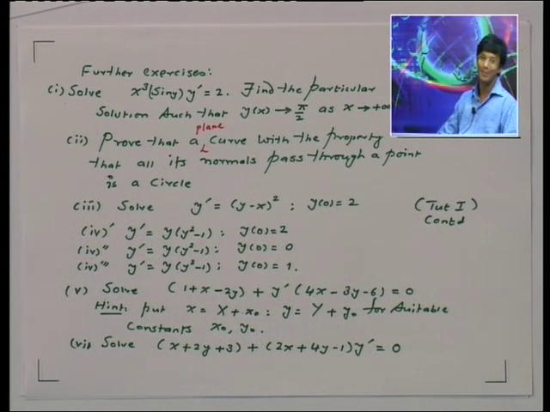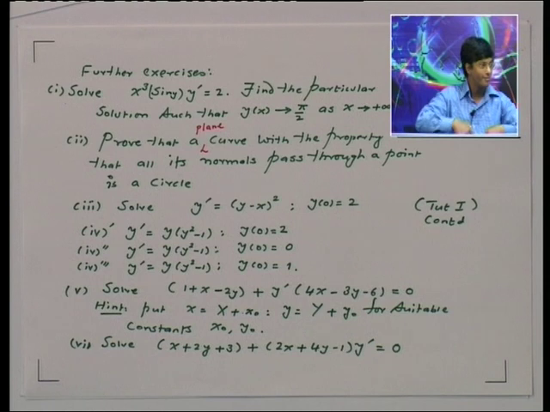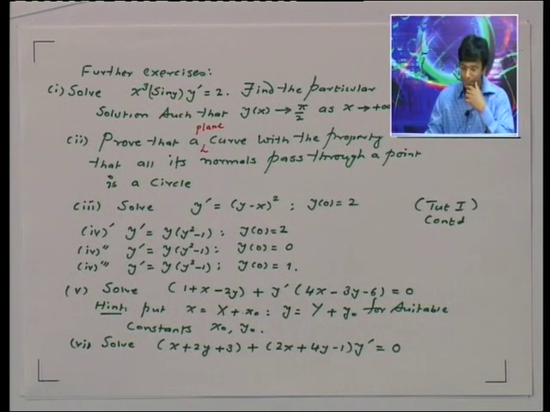The only curve that you can think of with this property is a circle, right? All normals will pass through the center. For a circle, the normal must always pass through the center. Now, you have to show that conversely, if all normals pass through the point, then that curve is a circle. The circle is the only curve with that property.